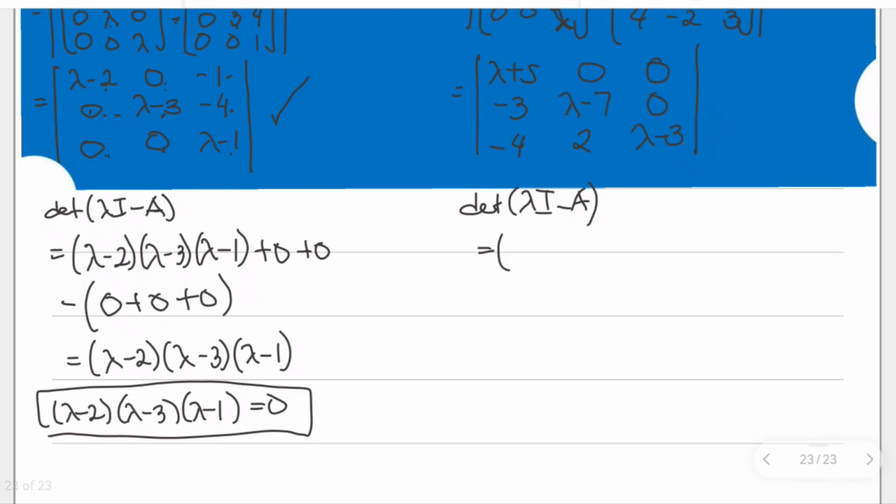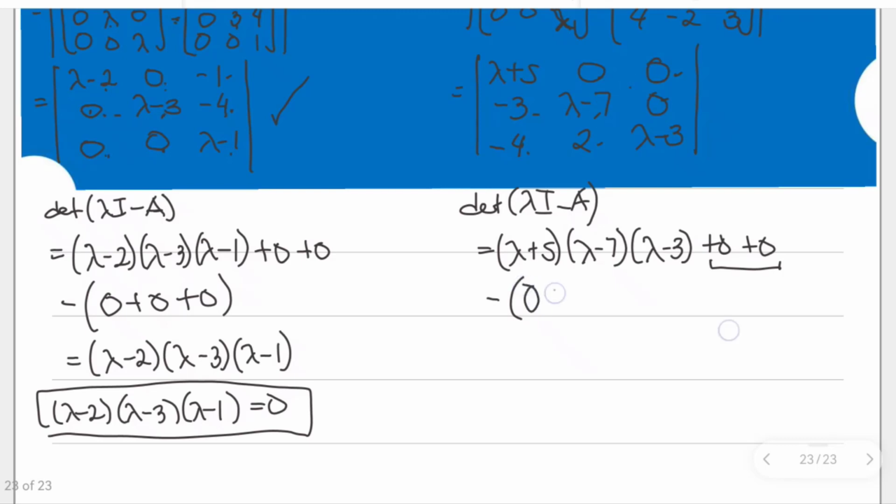So you will have lambda plus 5 times lambda minus 7 times lambda minus 3. Then this here plus 0 and here plus 0. You are seeing this one here, including the next items, because again we have triangular matrices here. So this is 0 plus 0 plus another 0.